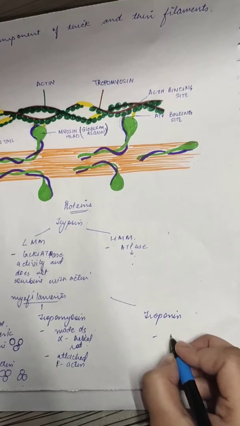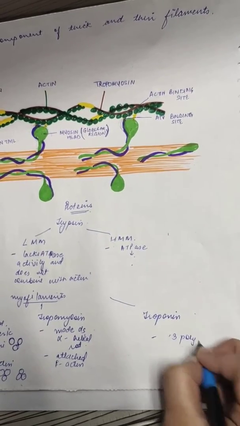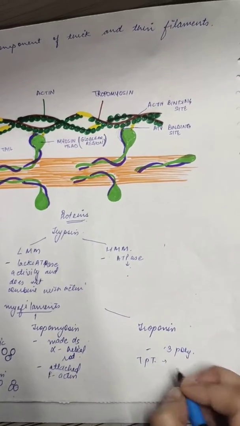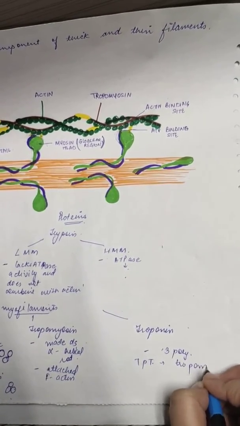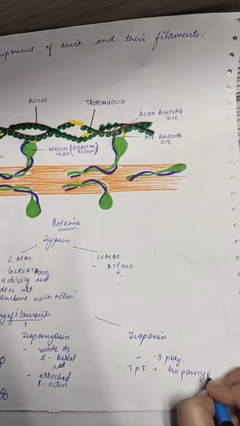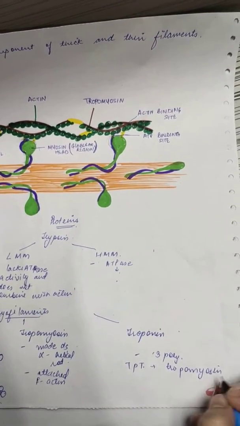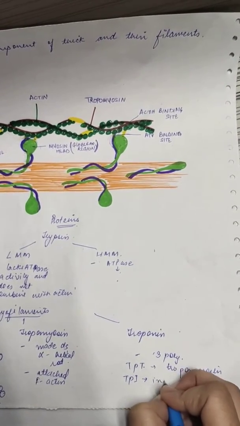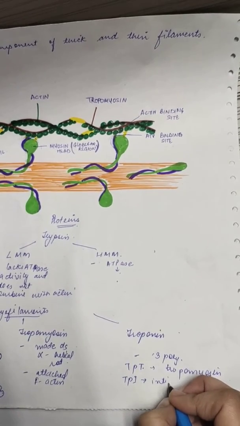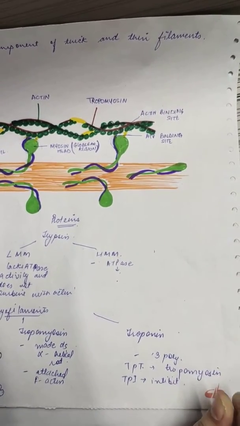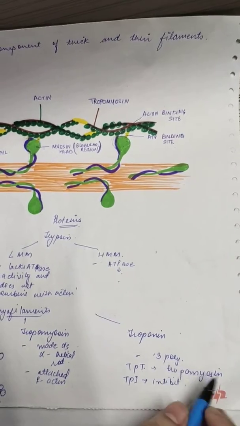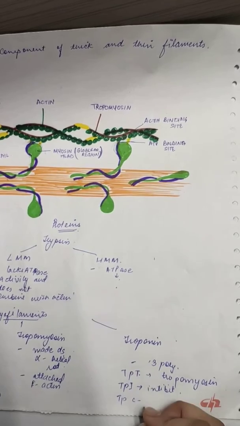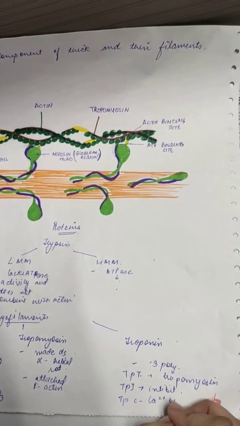Troponin is a complex of three polypeptide chains. The first is TPT, troponin T, that binds to the tropomyosin. The second is TPI, that inhibits the F-actin myosin interaction, so it does not allow the myosin to combine with the F-actin. And the last one is TPC, that contains the calcium binding polypeptide chain.